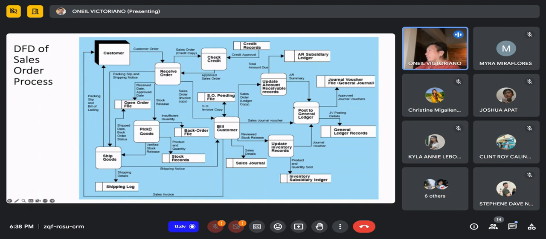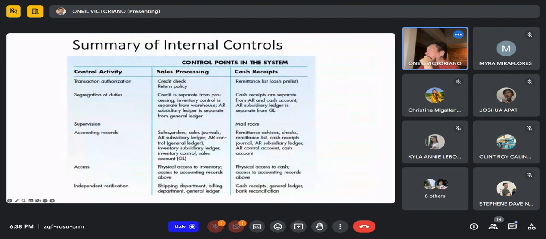So this is depicted by part of the sales order. If you try to notice, there's a lot of processes involved. So you have receive order, it checks for credit verification, it does pick goods, ship goods, checking for billing, checking for AR, update AR, and posting to ledgers, for JL and for inventory records. And there should be also looking into internal controls.